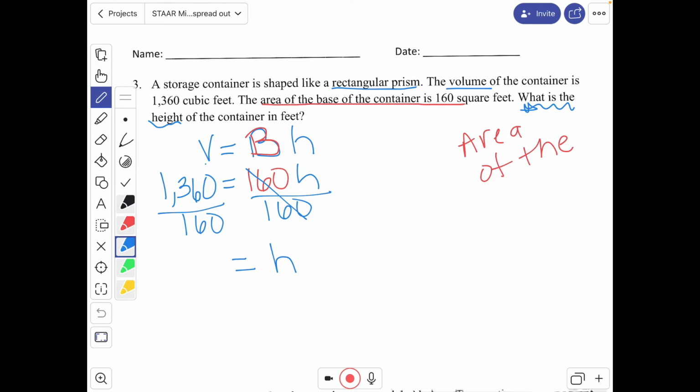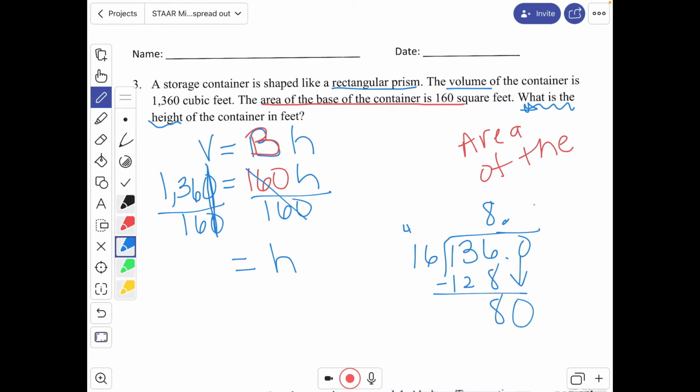I notice that both numbers end in a 0, so I can cancel that. And I can divide 136 by 16. So h is 8.5.